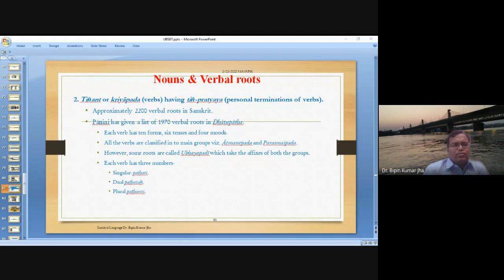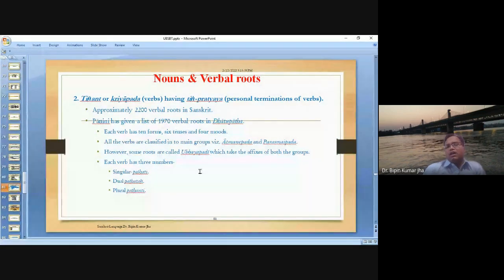Whenever you are finding lakaras, that is lat, lit, lut, lrit, lot, lang, and again regarding lung, ling, lung, lrung. These are 10 lakaras, concerned with six different tenses and four moods.